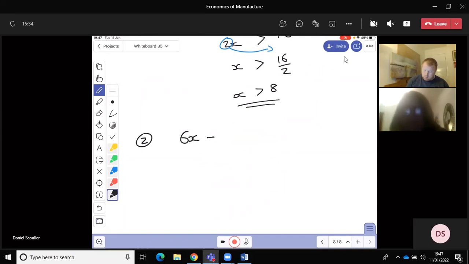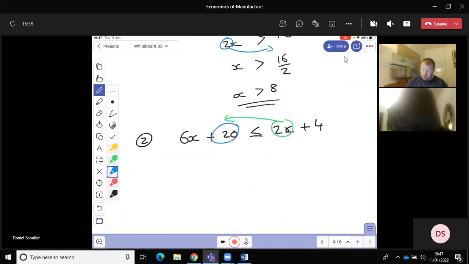Okay, 6x plus 20 is less than or equal to 2x plus 4. Same process. 2x across, 20 across. They're both positive, so switching sides, both become negative.